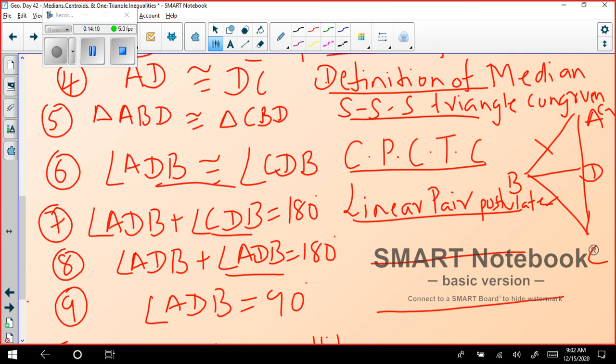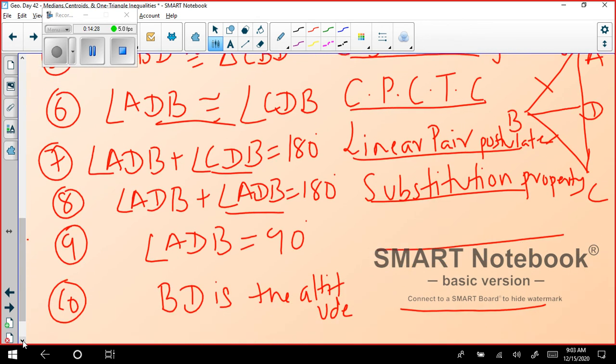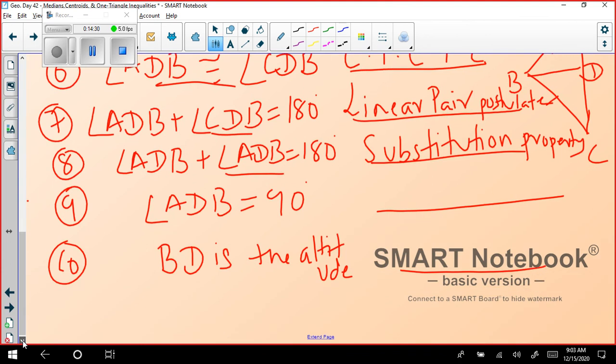So substitution property. So which means I'll have 2 ADB equals 180 degrees, and dividing by 2 on both sides, I'll get angle ADB equals 90 degrees. So I just applied the division property, right? And finally, I'll have BD is the altitude by definition of altitude.